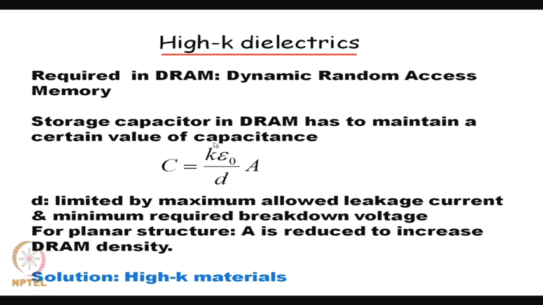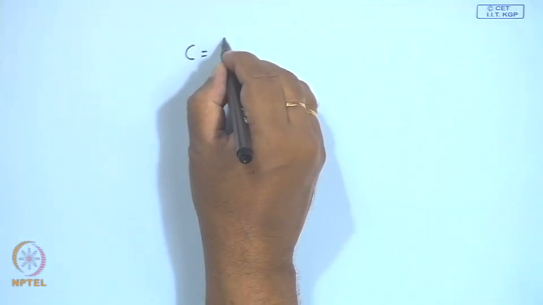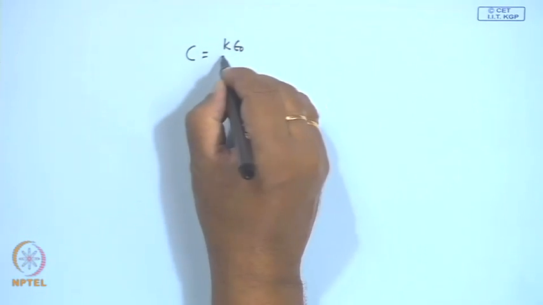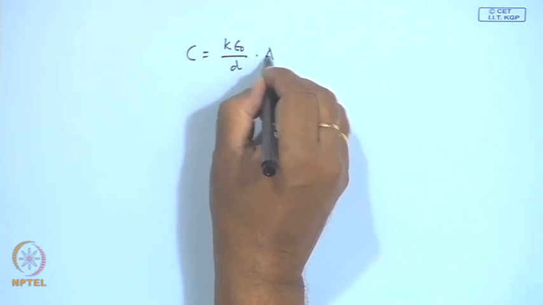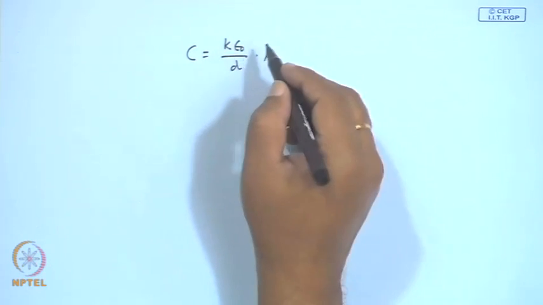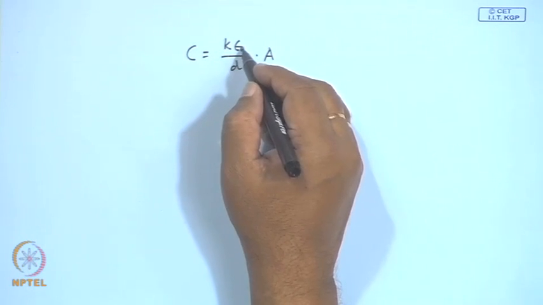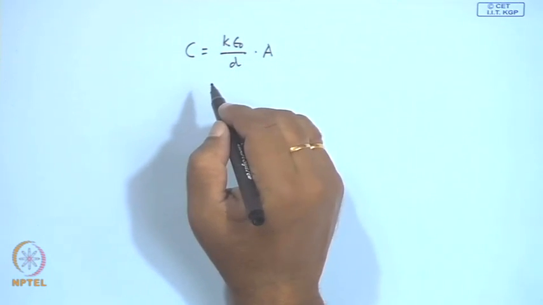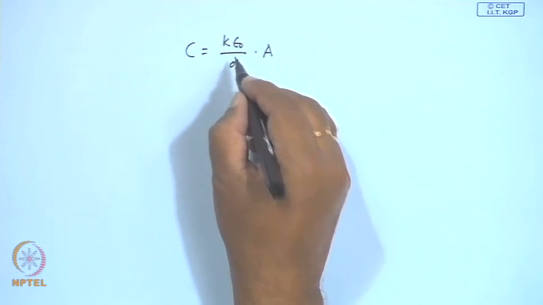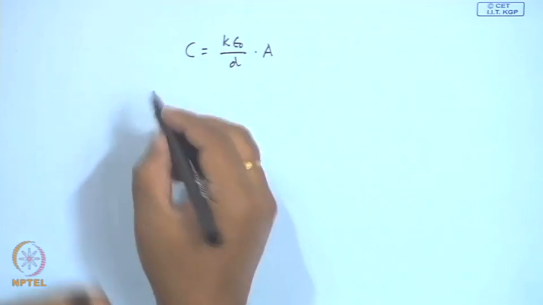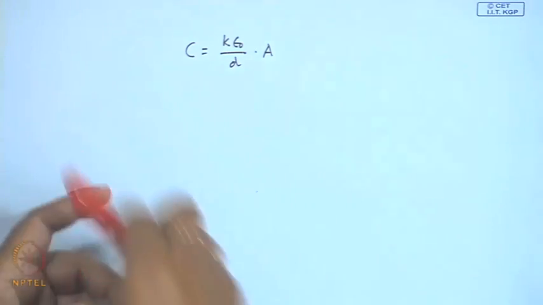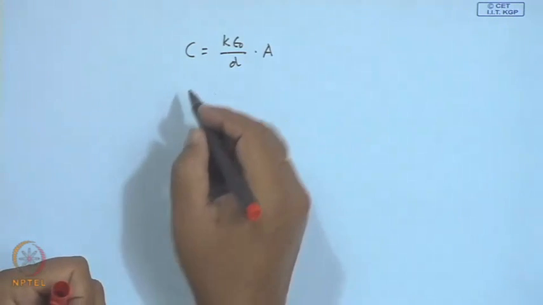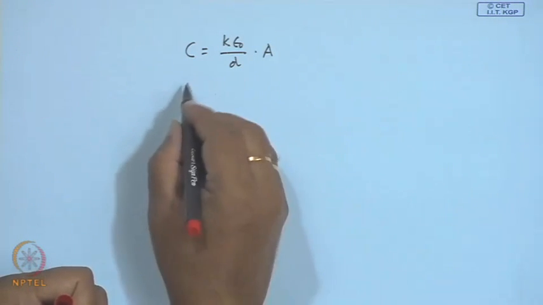Here again we make use of this relation, that means the capacitance C equals K epsilon 0 by D into A, where K is the dielectric constant, epsilon 0 is the free space permittivity, D is the thickness and A is the area. Now, suppose we want to increase C, because the storage capacitor must maintain a certain value.